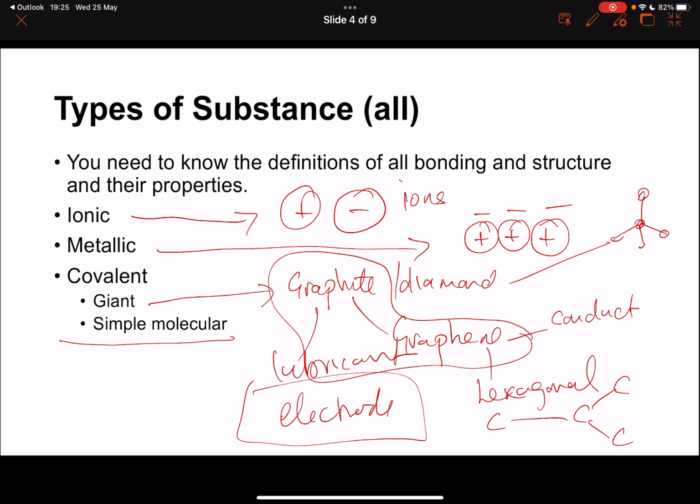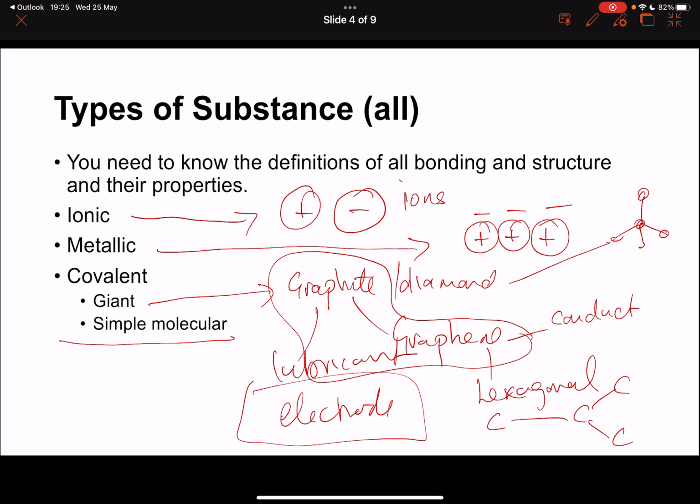Simple molecular. Remember, covalent bonding is a bonding between a shared pair of electrons between non-metal atoms. Simple molecular is everything that is non-metallic compounds which are not graphite, diamond or graphene.